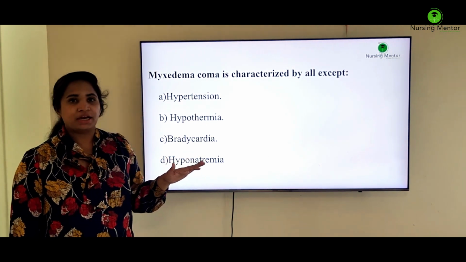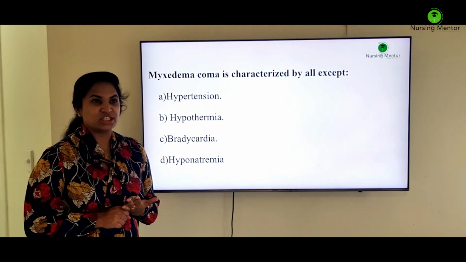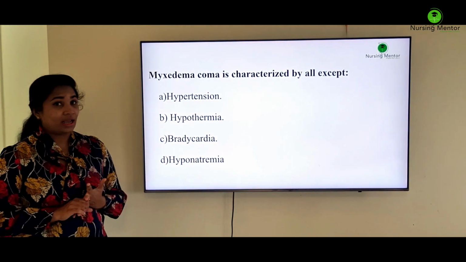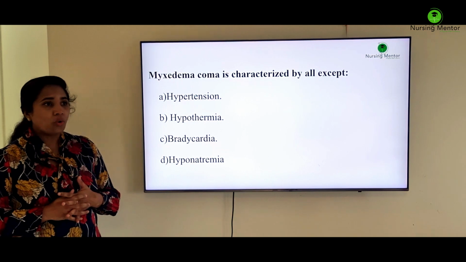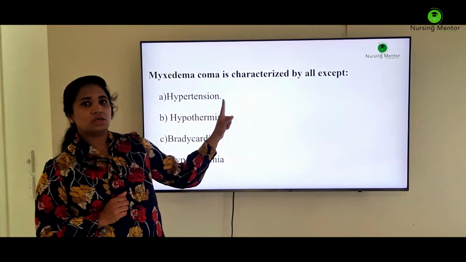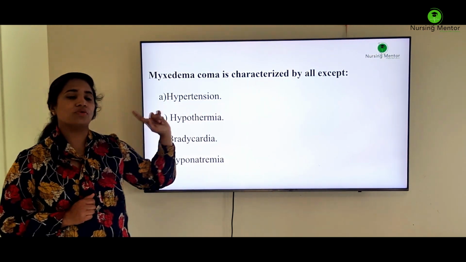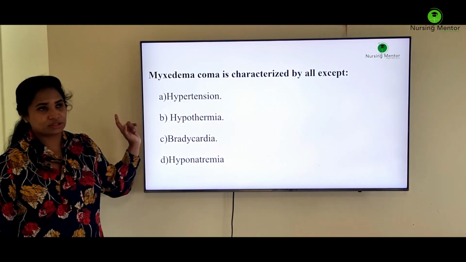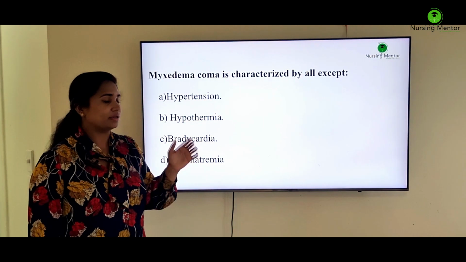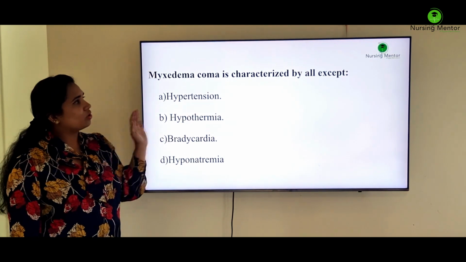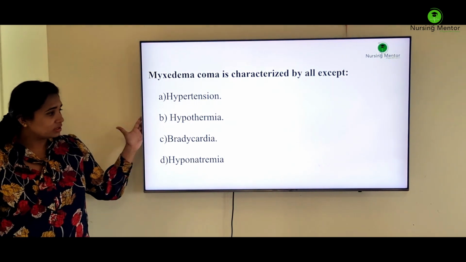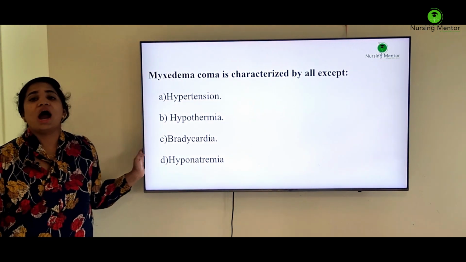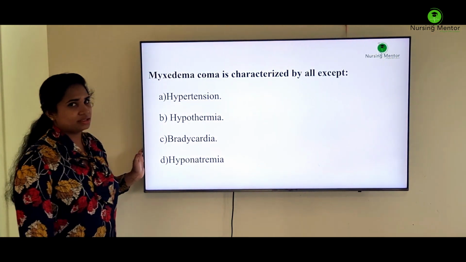This can be precipitated by a physical stress such as surgery or a sudden medical illness or a personal stress or sudden stoppage of medications used to treat hypothyroidism such as levothyroxine. Myxedema coma is characterized by hypotension, hypothermia, bradycardia, hyponatremia, and hypoglycemia.